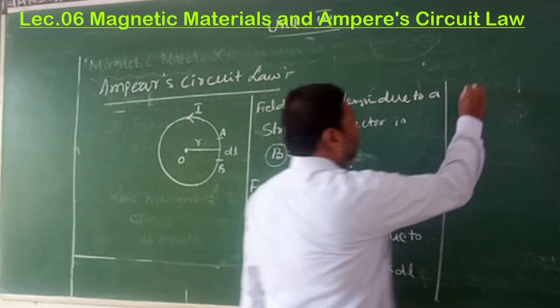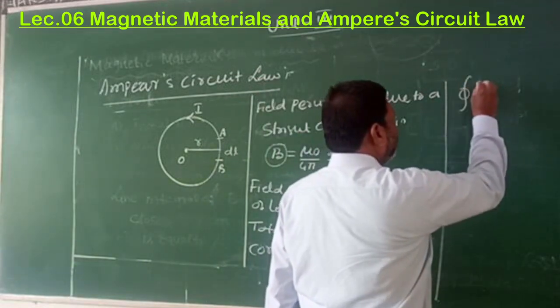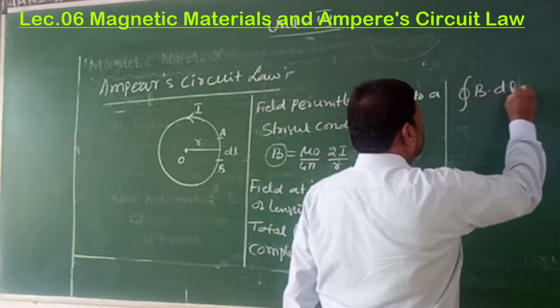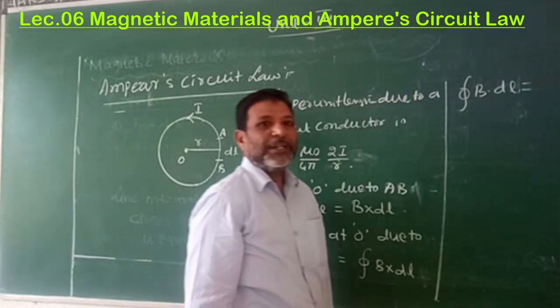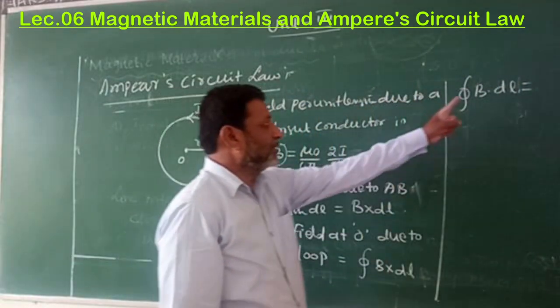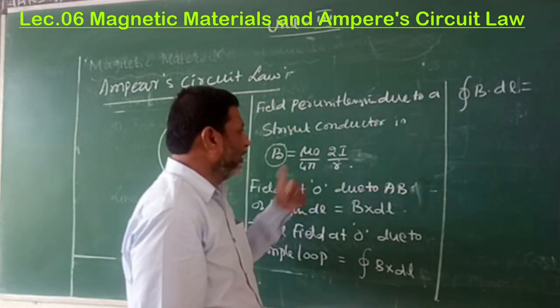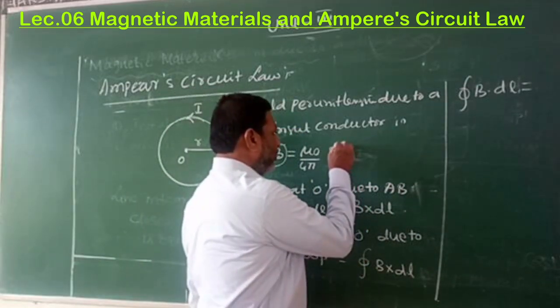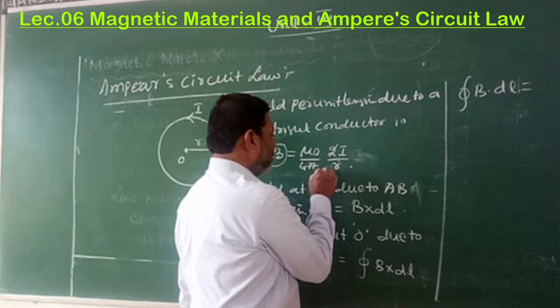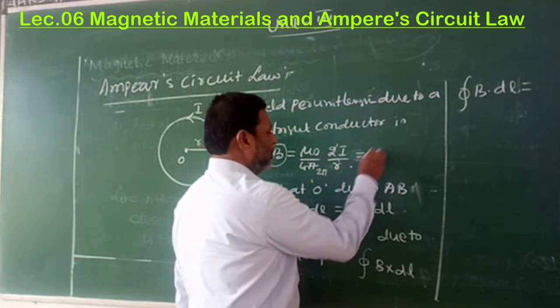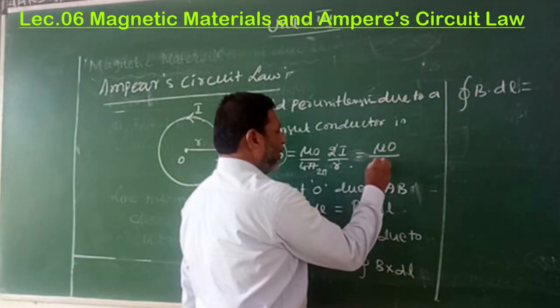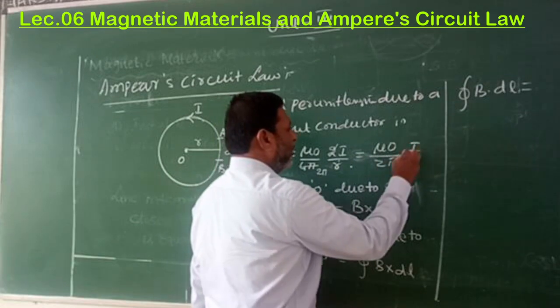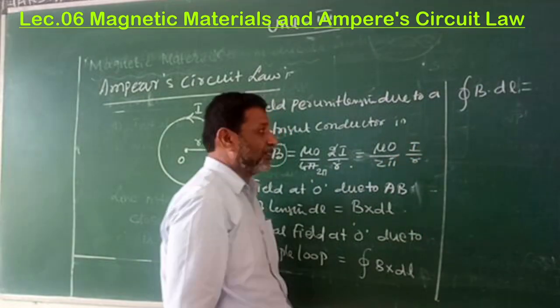This line integral of B dot dl is equal to, now we write the formula of B here: mu naught divided by 2 pi, I divided by r.